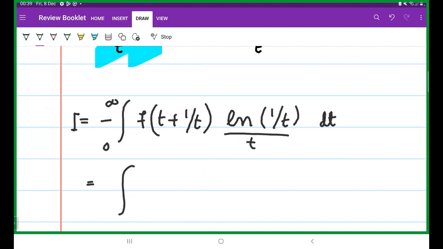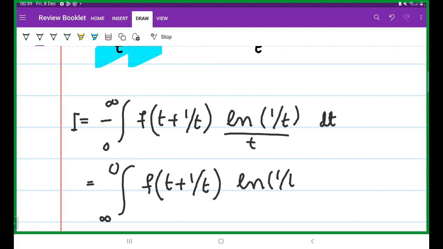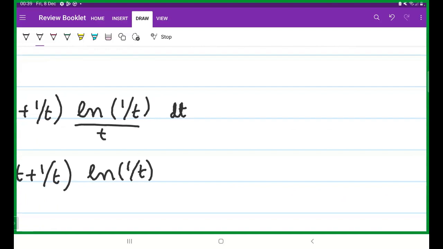If we absorb this minus into these limits, it will be something like this, right? Yeah, everything will remain the same.